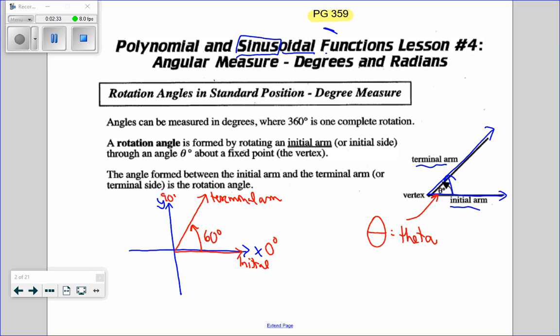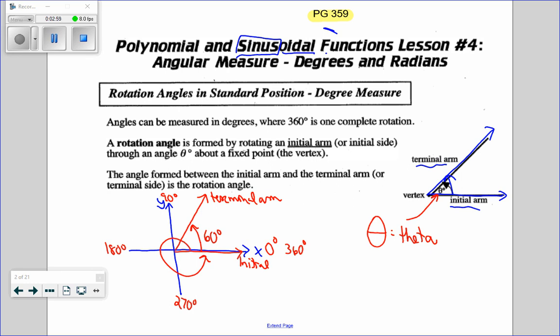This is 90 degrees. This is 180 degrees. This is 270. And all the way around is 360. Okay, so just your key markers going around. Good?